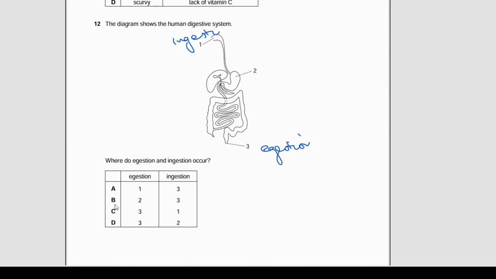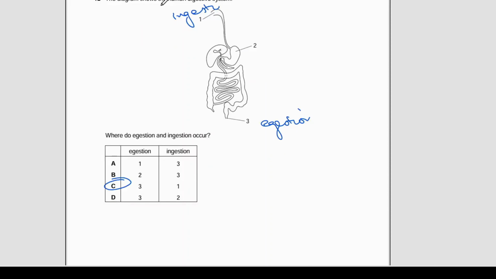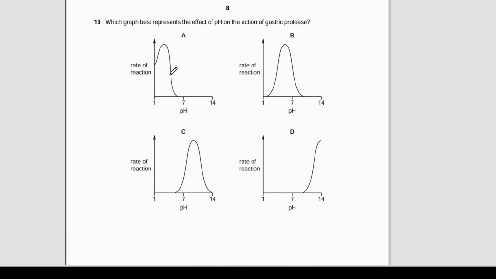So answer is C. Okay, number 13. Which graph represents the effect of pH on the gastric protease? What is the pH of gastric protease? 2. So which graph is correct? A. Yes. After 7 or with 7 are incorrect.